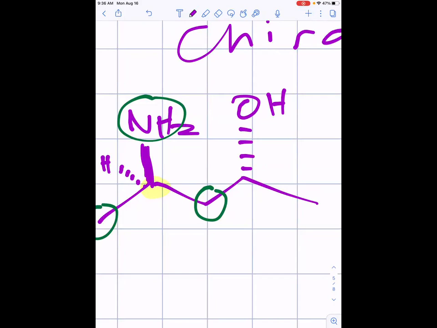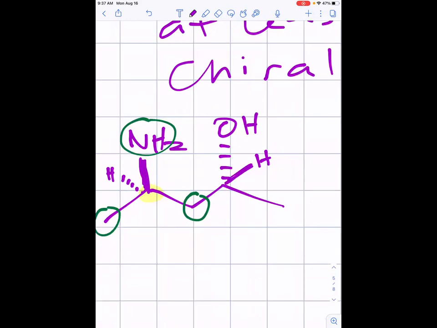If the OH is on the dash and no other atom is shown, it would be the hydrogen. Understood that there's a hydrogen there, and it is on a wedge. It's always going to take the opposite position of what's there. So if what's on that atom is dashed, then the hydrogen is going to be wedged. If what's on the atom is wedged, like the NH2, then the hydrogen is going to be dashed, right?